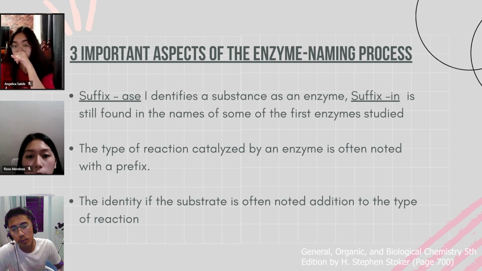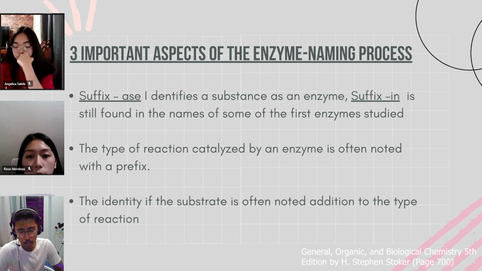It's almost a giveaway that if something ends with an ase, that it is an enzyme. Now, for the pioneer enzymes, when we first discovered them, it was usually in a suffix in the form of IN. So, remember just those 2 things, ASE and IN. You can have an idea that these are going to be proteins.